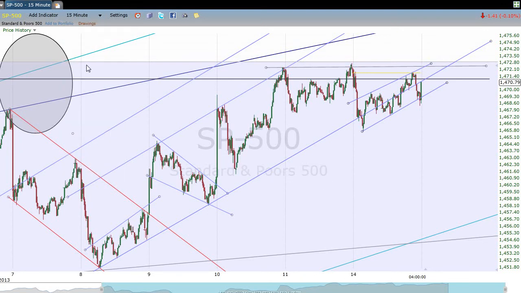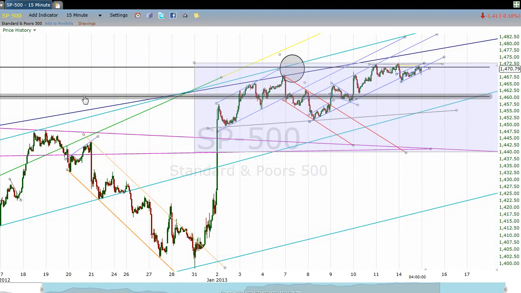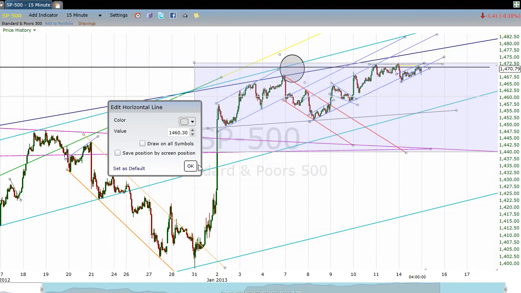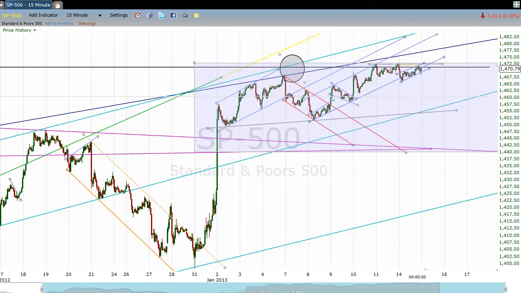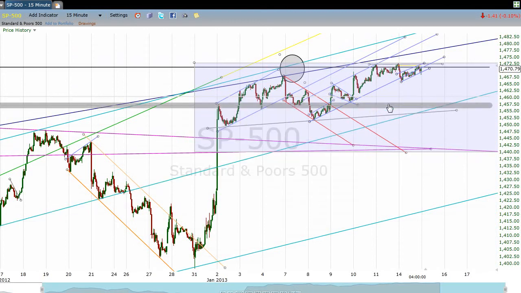I see a number of places where we could run into some gap support. One is right here, right around 1460. I'm going to make that a very light gray line. The next one is not too far under that, at about 1456 or so. Again, that was pretty much a gap. Could look for that to produce a bounce.